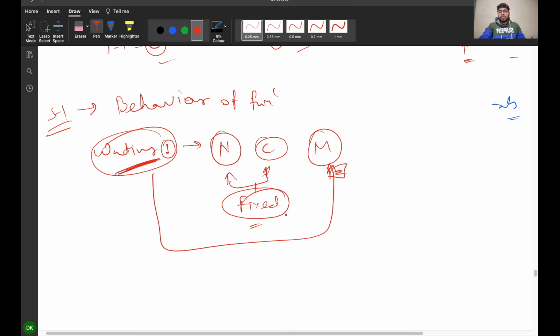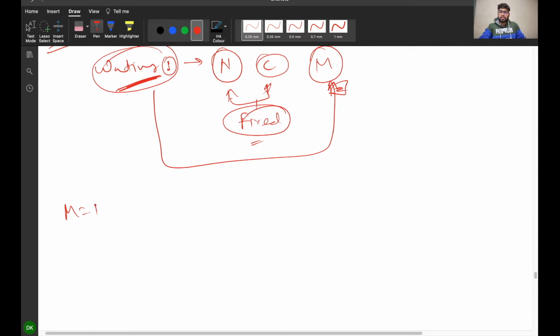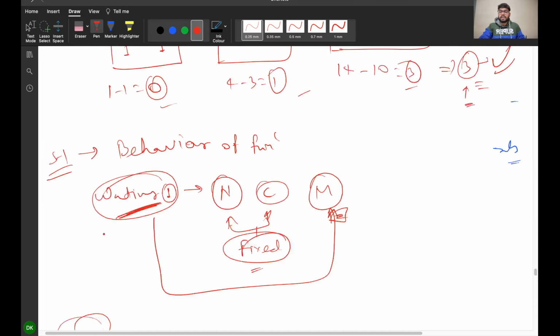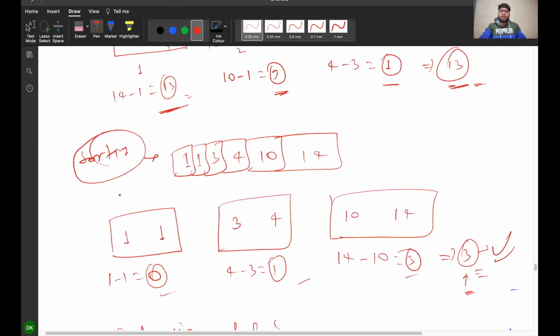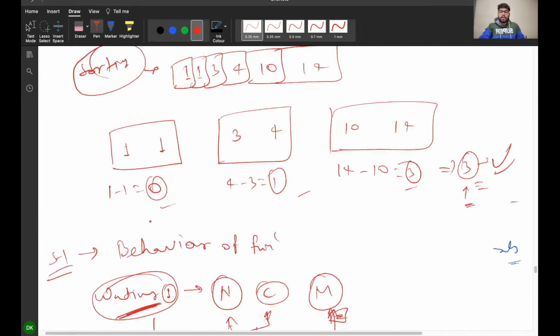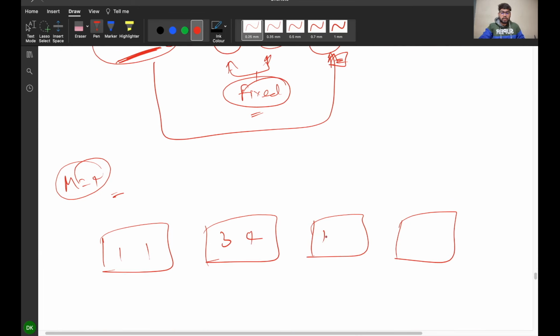Let's say I am increasing the number of buses, let's say m equals 4, and let's see what happens. I have 4 buses. At first I just place 1 1, then 3 4, then 10, then 14.